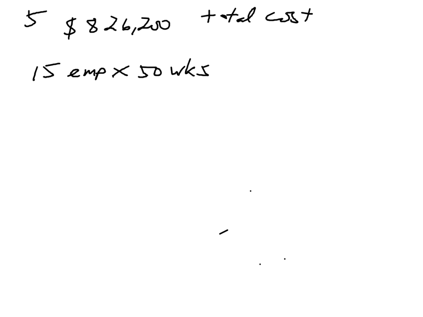And then in a week, there's 40 hours worked. But remember what I said, that the whole 40 hours is not actually worked. 15% of that time is for training and other administrative tasks.